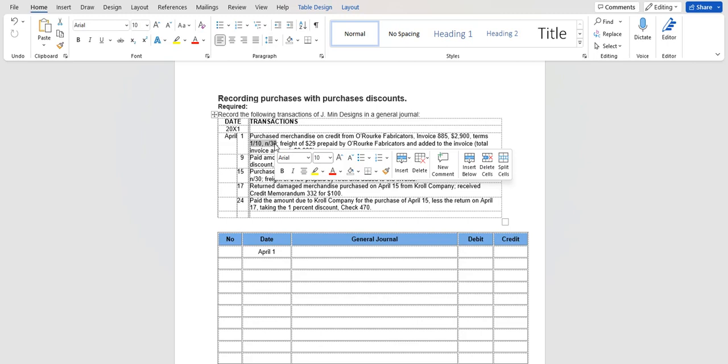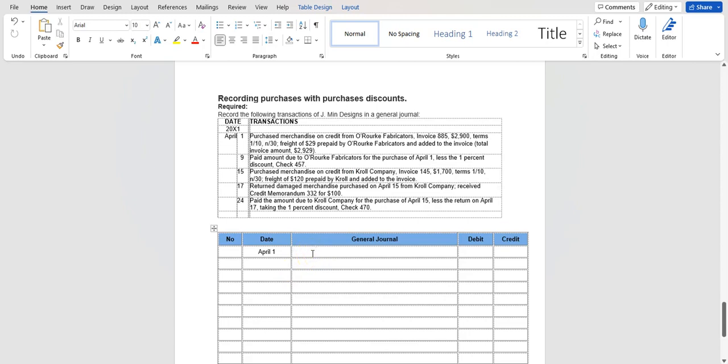We'll use those terms only when we're making payment. On April 1st, we just want to record the purchase. So we go to our purchase account and record the amount of the purchase, which is $2,900. Then we had some freight in.